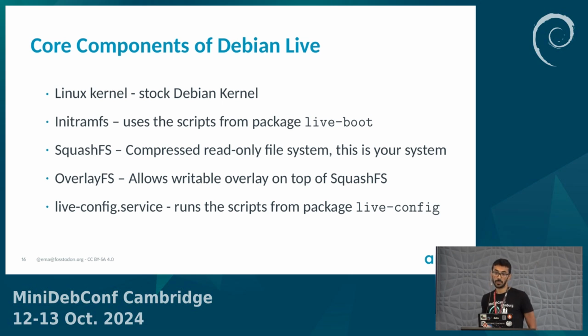Once that is set up, so once you have a root file system which is temporarily writable, you then need to probably run something, and that something is a systemd unit. live-config.service is the actual name of the unit, which comes from the package live-config and starts things up. For example, it makes sure that your user is part of all the important groups, like floppy, for example, and then that GDM starts and all those sorts of things.